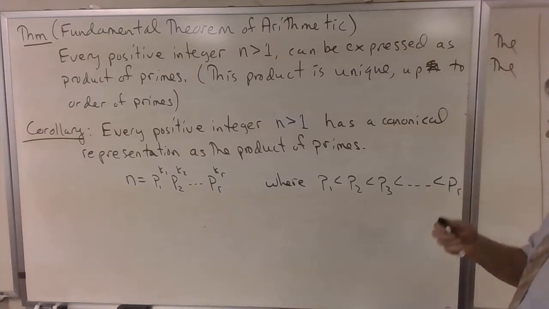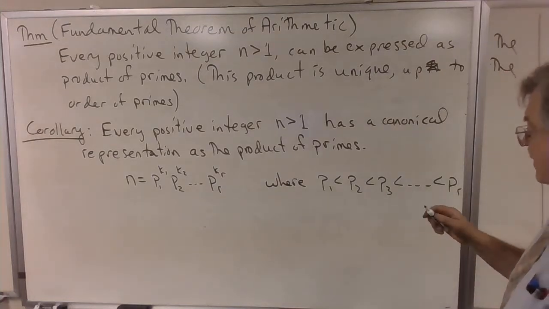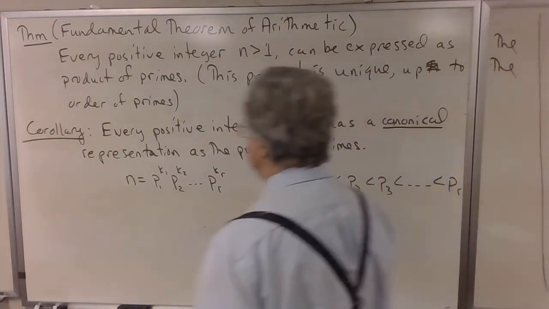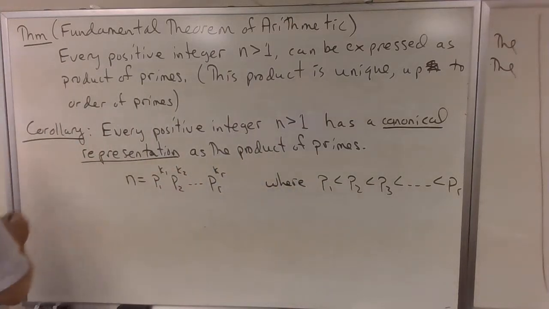This is called the canonical or undisputed representation as the product of primes.